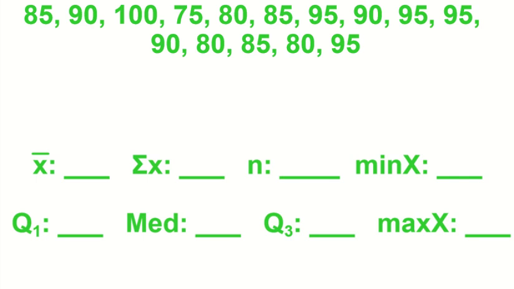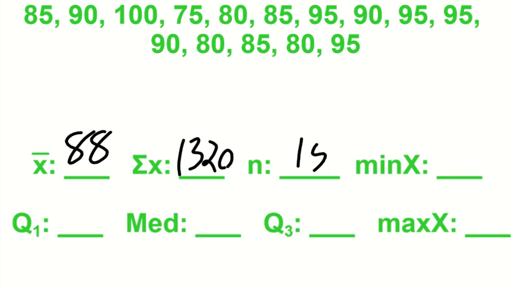All right, Ford, what's the mean? 88. 88 is correct. Sarah E., what's the sum? 1,320 is correct. Number of items, Sydney? 15. Minimum, Gray? 75.